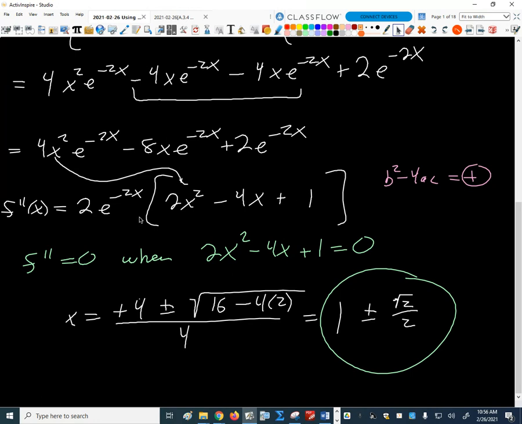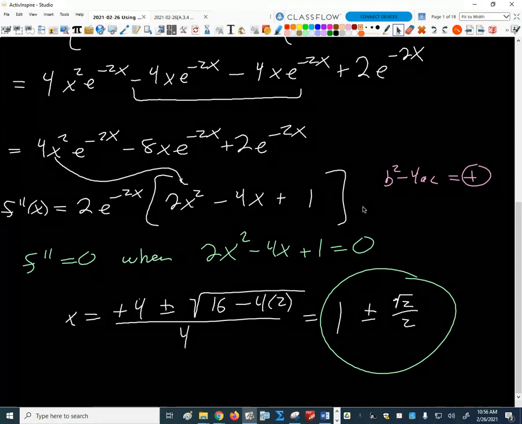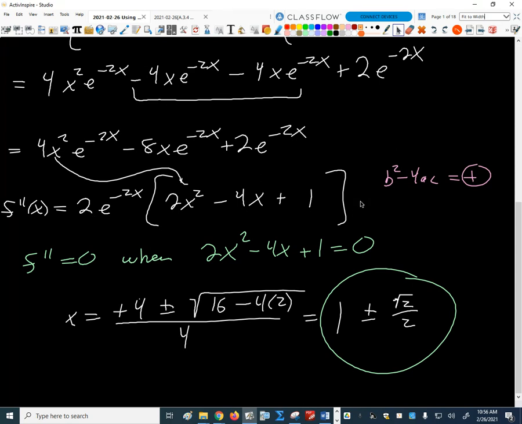To find the zeros, by the zero product property, the zeros of the second derivative would be the zeros of the factors of the second derivative. The first factor has no zeros, right? That exponential function never crosses the x-axis, never touches the x-axis. But this quadratic might. So we just applied the quadratic formula, and we found the two solutions, 1 plus or minus the square root of 2 over 2.